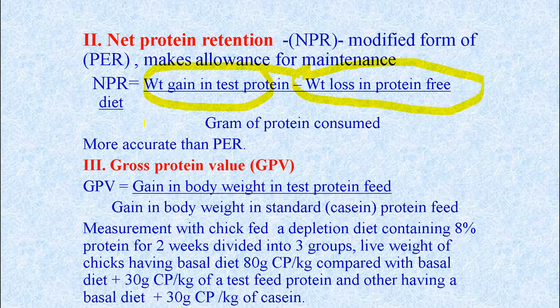It is more accurate than PER, which we discussed earlier. Another value is the GPV, gross protein value, which is equal to the gain in body weight on the test protein feed. Simply, we are not going to calculate the percent gain here.